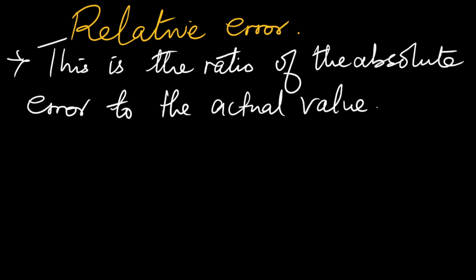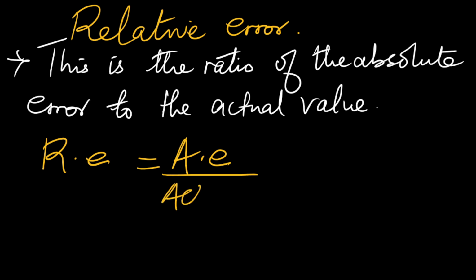In simple terms, we can write it like this: relative error, RE, is given by the absolute error divided by the actual value. Simple as that.